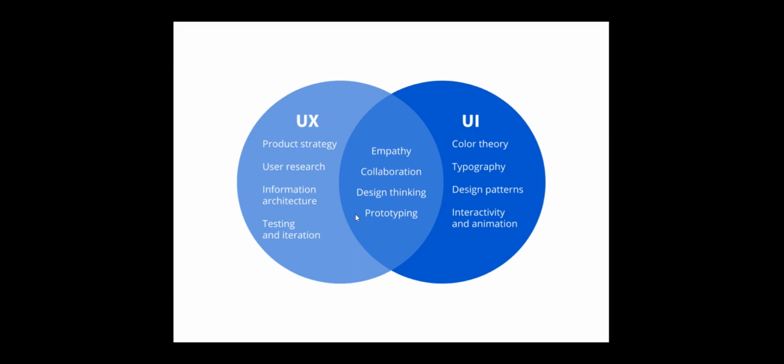Now, before I explain this, based on what I have explained on user interface design and user experience design, do you have any question? I'll take any question now before I move forward.